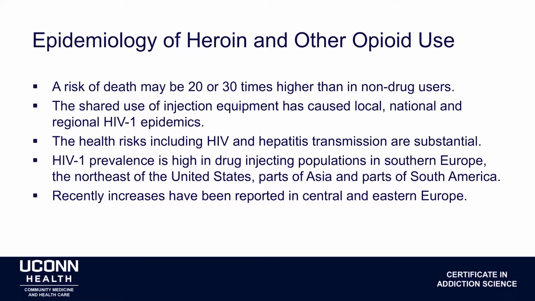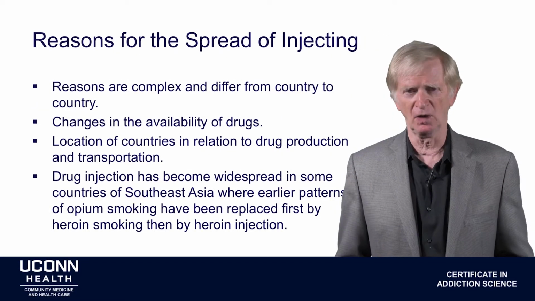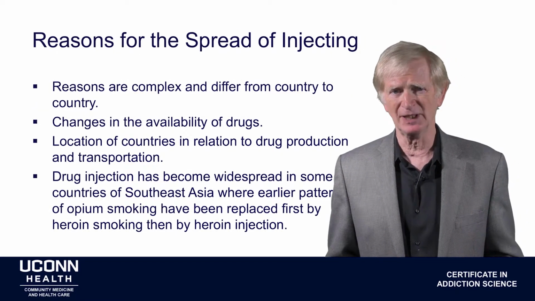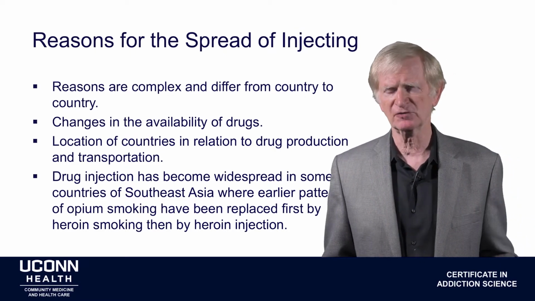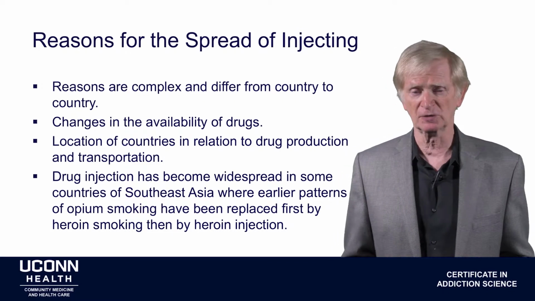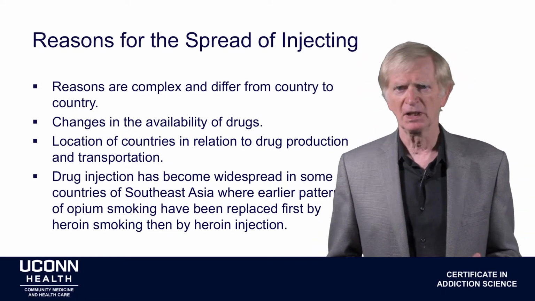transmission of HIV infection have skyrocketed in countries like those found in Central Europe as a function of rapid changes in the economic situation. The reasons for the spread of injecting are complex, and epidemiology has helped us to understand this. It's often based on the availability of injectable drugs like methamphetamines or heroin.